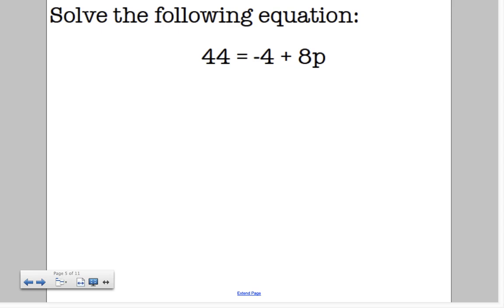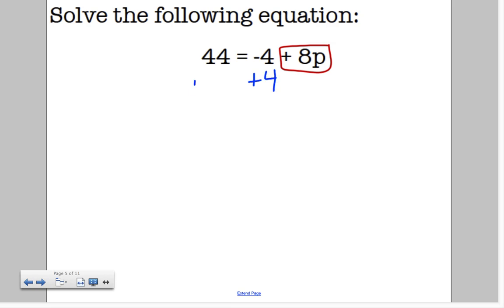All right, so let's do this. How are we going to get 8p by itself? What are we going to do to both sides? Renee? Add 4. Do you guys agree that if we add 4 to this term right here, that term would disappear? Yes. And that's what we want. We don't want it there. We want this box, or the 8p, to be by itself.